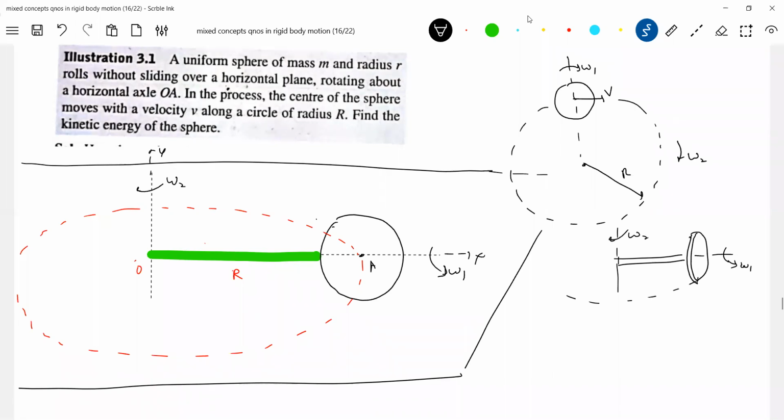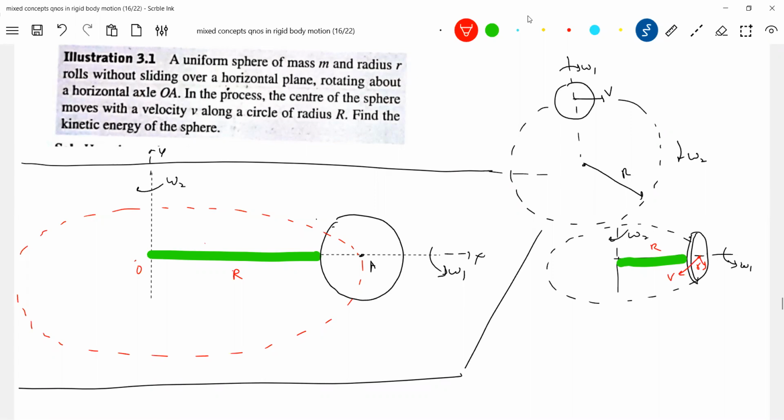Then it will go around. You can solve for the disk also if you're interested. The disk will have linear velocity. This will be R, capital R. The disk will go around in a circular path of radius R.